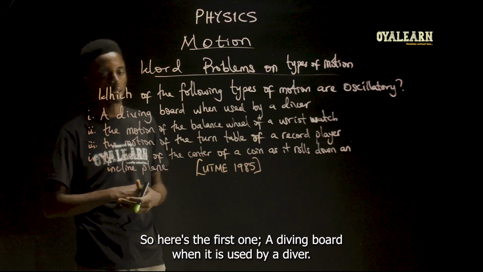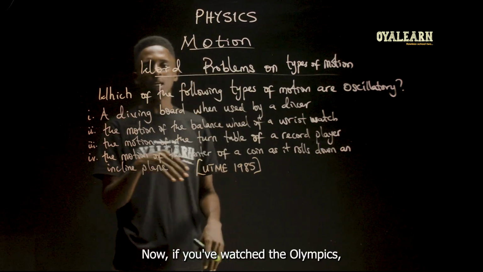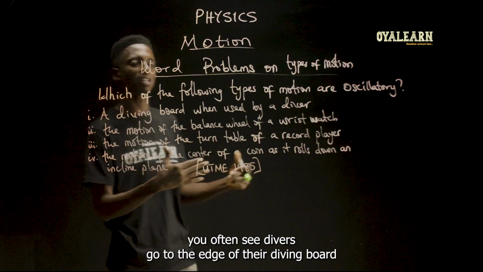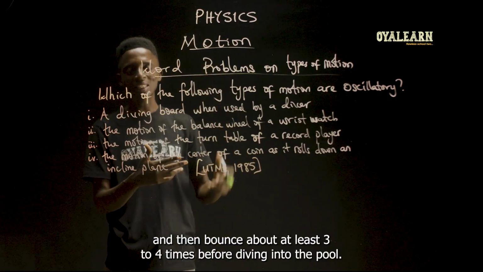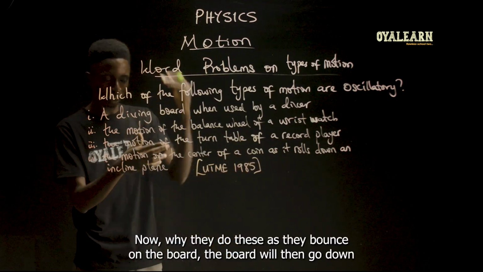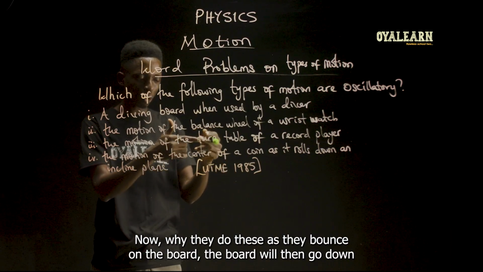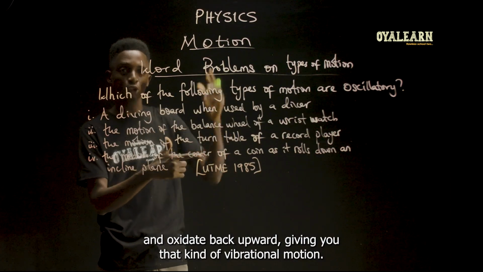So here's the first one: a diving board when it is used by a diver. If you've watched the Olympics, you often see divers go to the edge of their diving board and bounce at least 3 to 4 times before diving into the pool. While they do this, the board goes down and oscillates back upward, giving you that kind of vibrational motion.